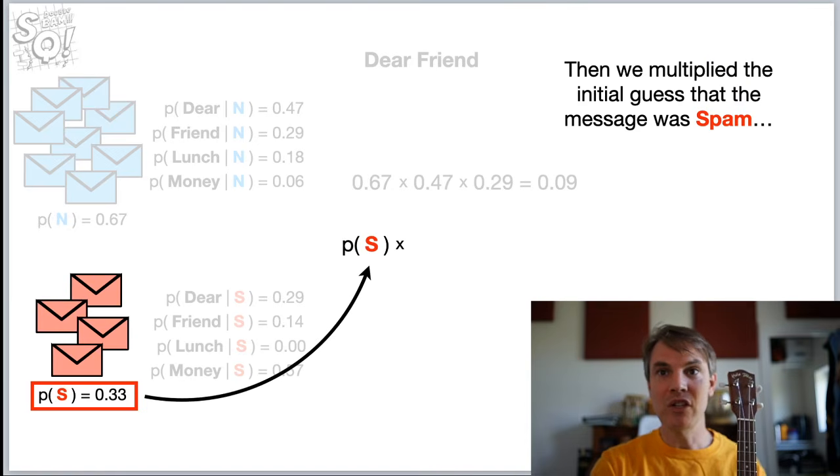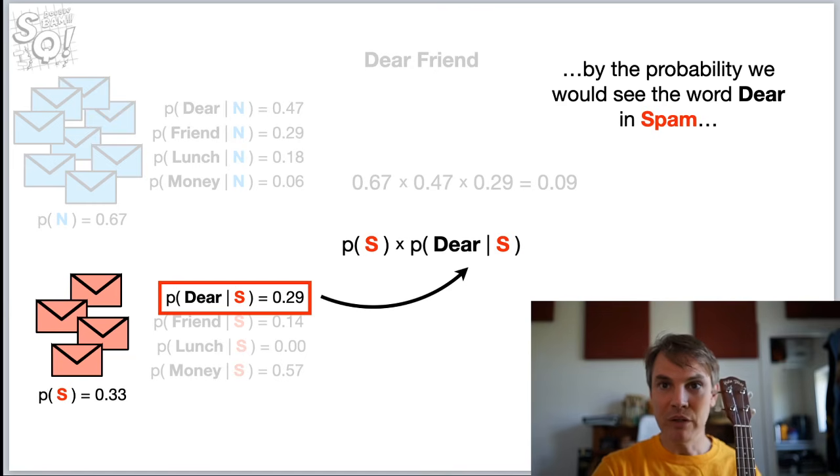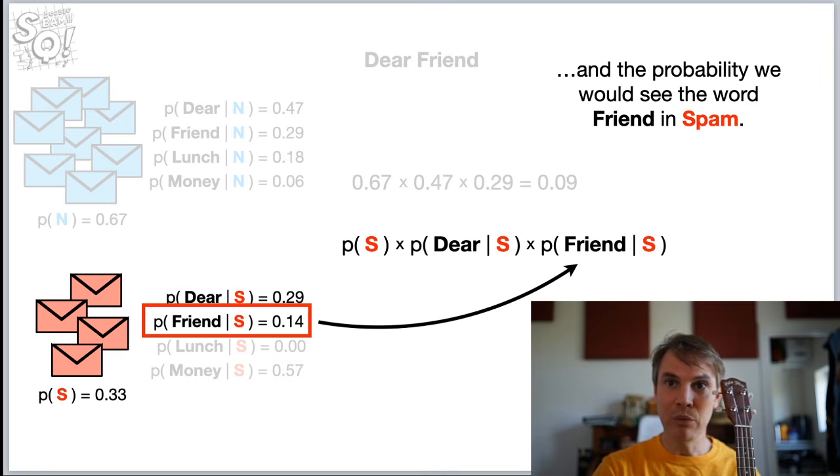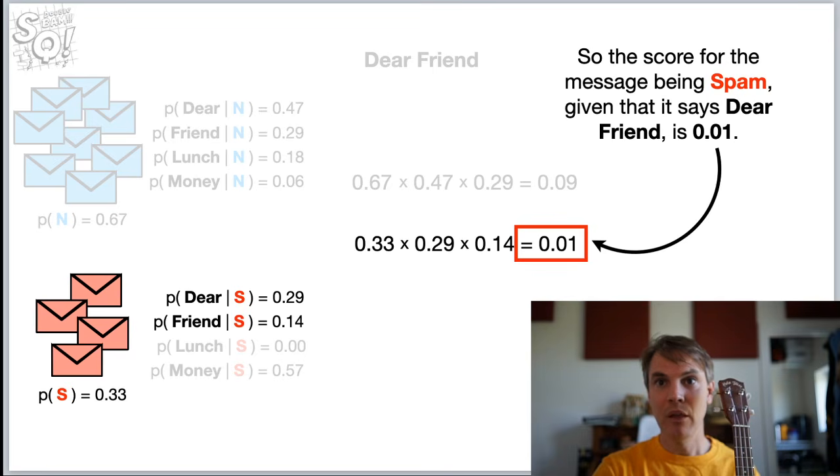Then we multiplied the initial guess that the message was spam by the probability we would see the word dear in spam and the probability we would see the word friend in spam. And after plugging in the numbers, we got 0.01. So the score for the message being spam, given that it says dear friend, is 0.01.